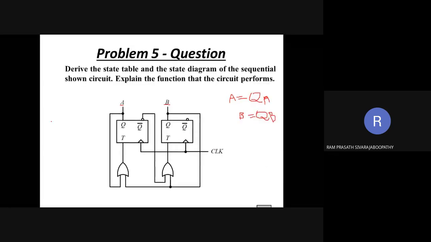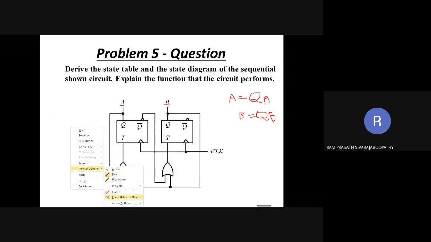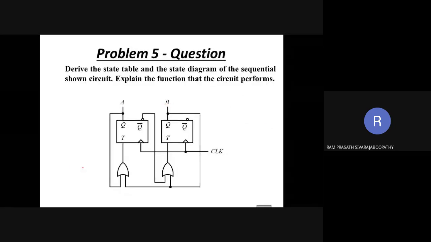So only we are having states of the flip flop. Once you design the flip flop and give the clock, it will generate some states. That's all. That alone is my output, though we won't call it an output.